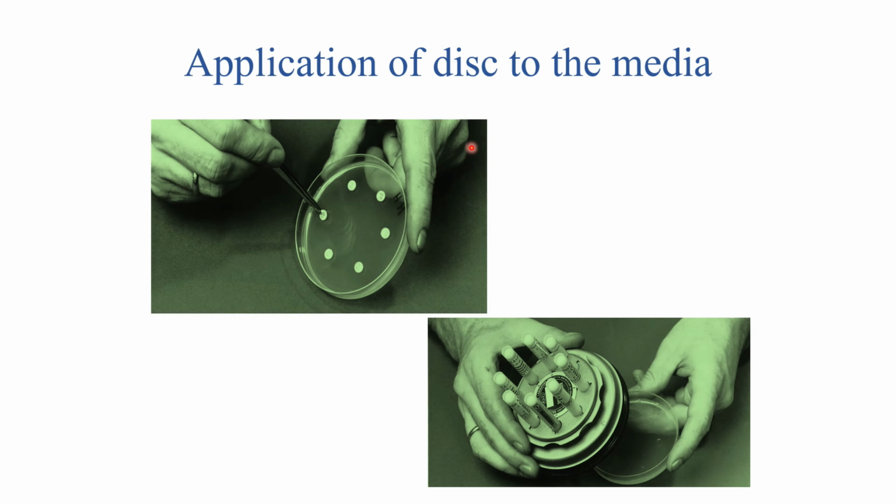In the application of discs to the media, depending upon the organism, the selection of disc or antibiotics will be different. As we already said, the disc is a filter paper disc impregnated with the antibiotic at a known concentration. We place the antibiotic disc on the lawn-cultured Mueller-Hinton agar medium.